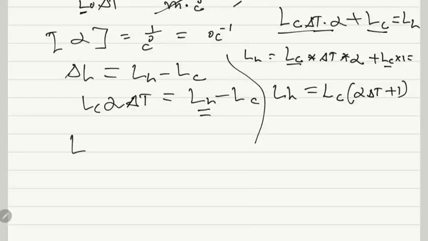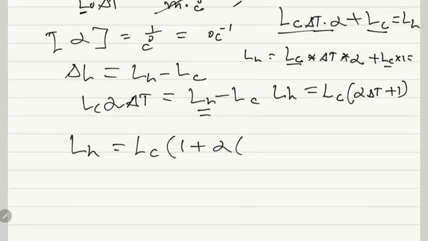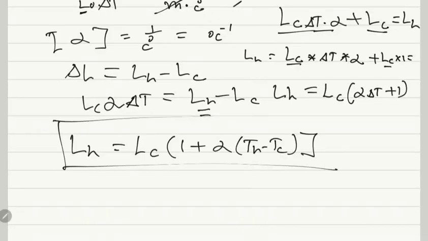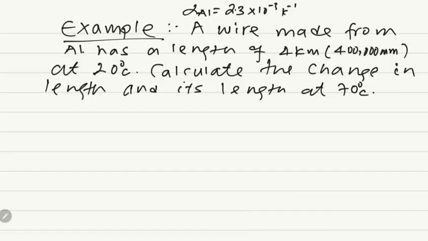Remember, the length at the hotter temperature is equal to the length at the colder times 1 plus alpha delta T, usually written as 1 plus alpha delta T. So the change in temperature is the temperature at the hotter minus the temperature at the colder. This is the expression for the length of a wire as a function of temperature.